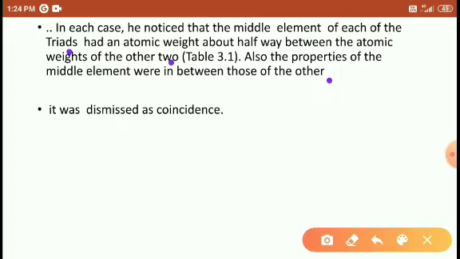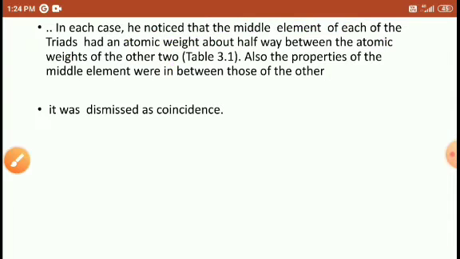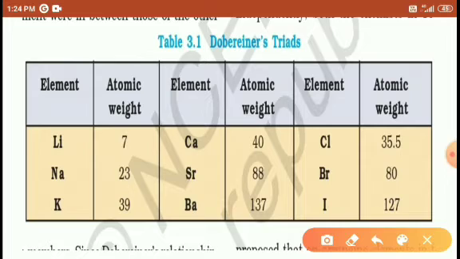He noticed the middle element of each triad had an atomic weight about halfway between the atomic weights of the two others. This is the statement. Right, students? This theory was dismissed because he was unable to make more than three triads.